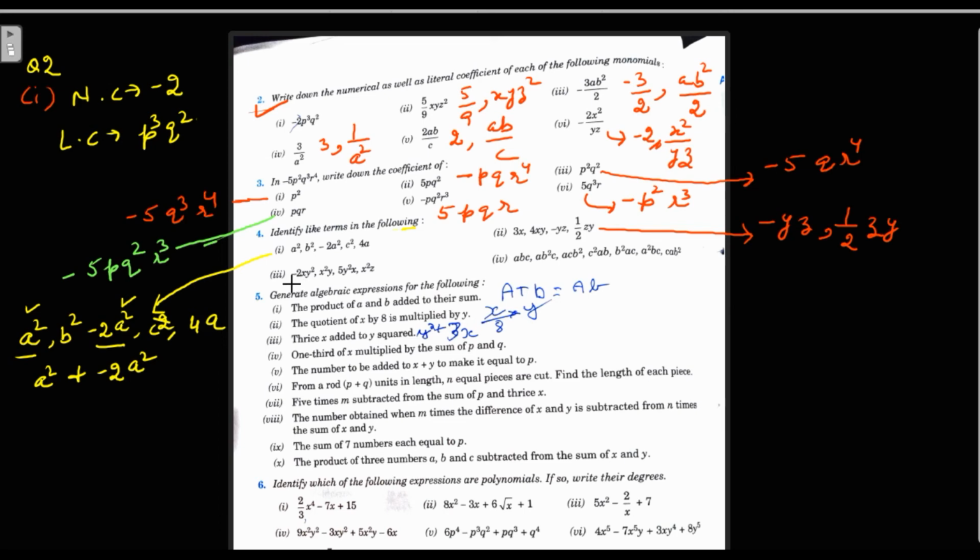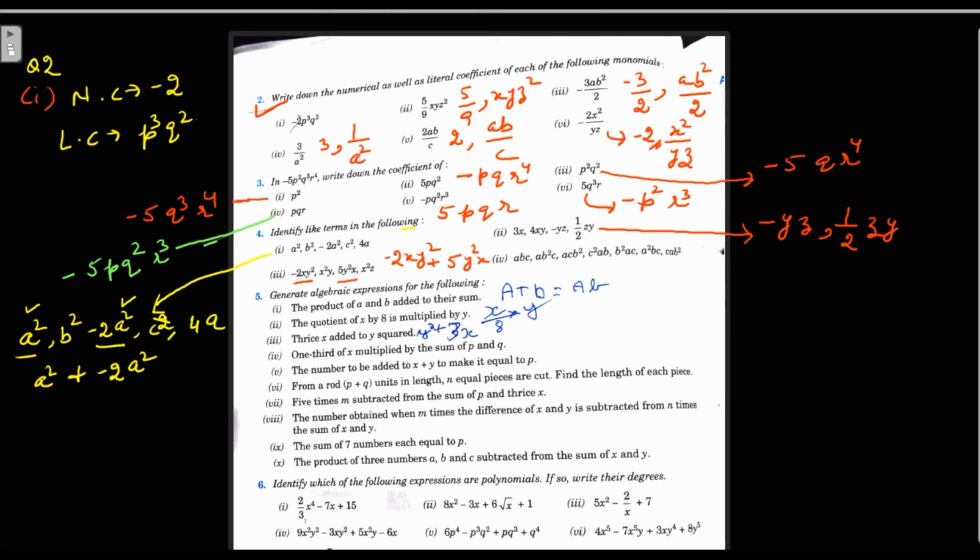Here is minus 2xy square, and here also is y square. So these are two like terms, minus 2xy square and 5y square x. Right, students?